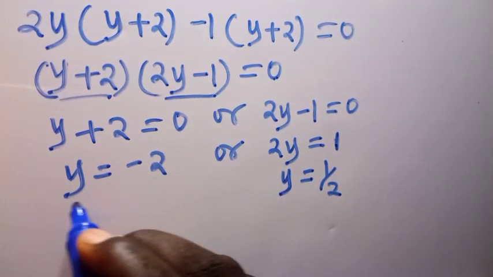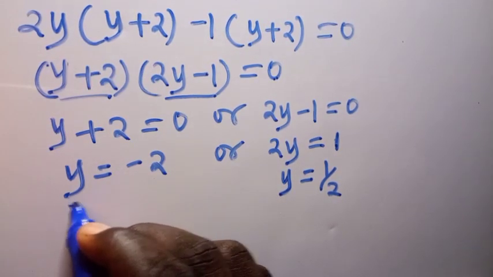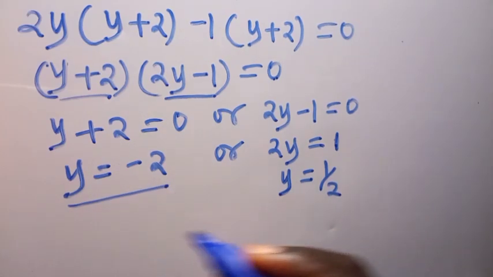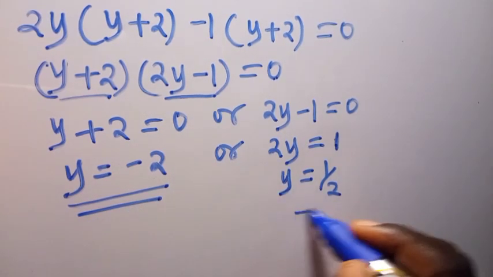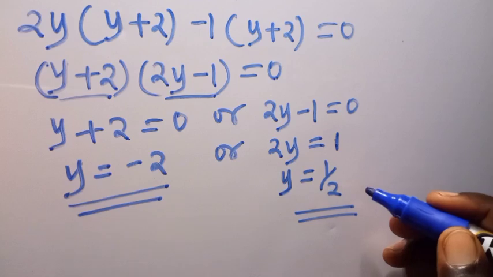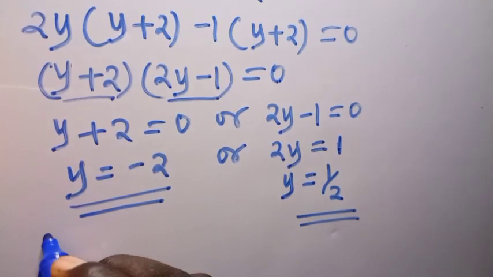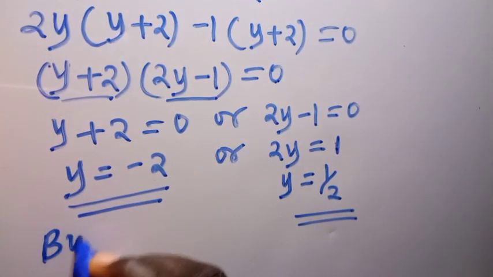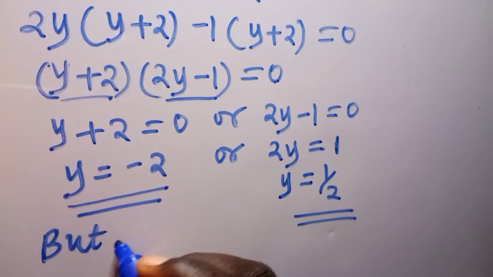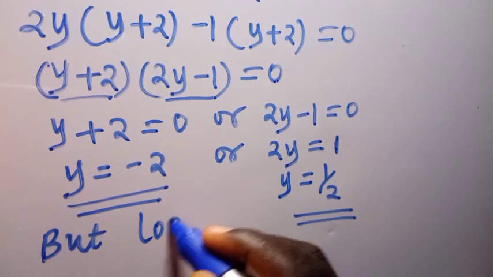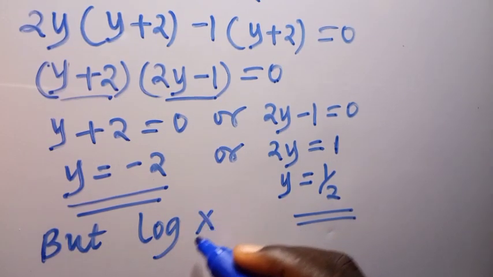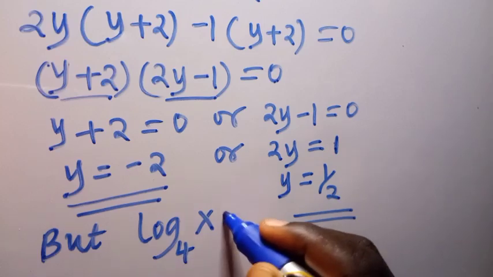Now, since we have two possible values of y, that is y is either negative 2 or a half, but we said earlier that the logarithm of x base 4 is our y.